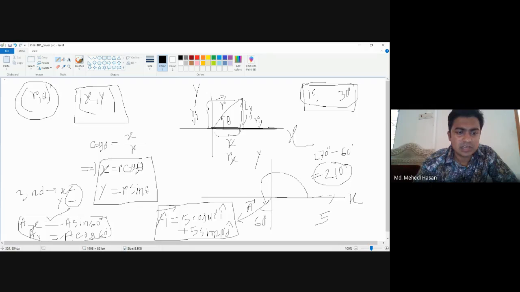This result and this result will be the same. You can follow either way. So this is the procedure to convert a vector, mainly polar to Cartesian conversion. Do you have any question regarding this conversion?